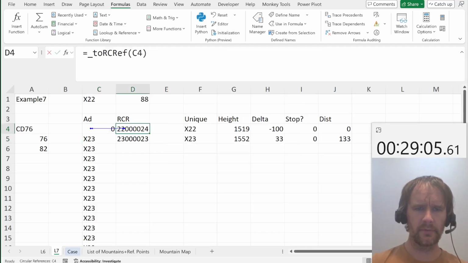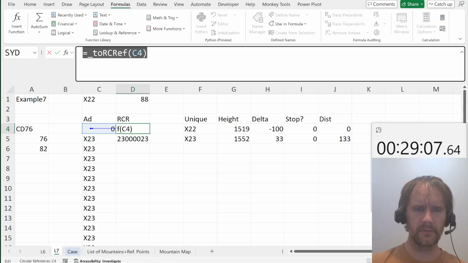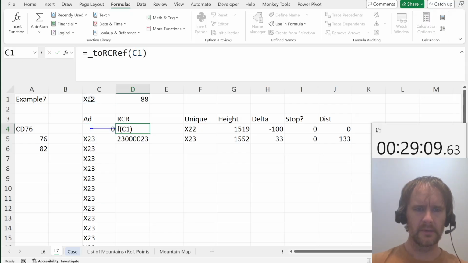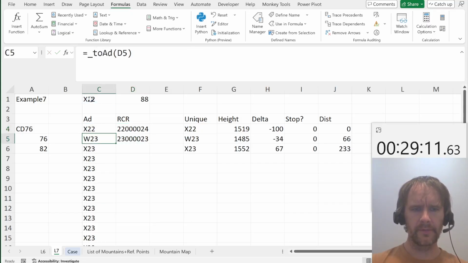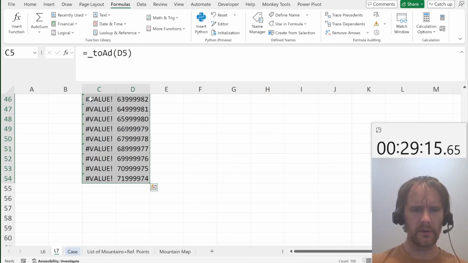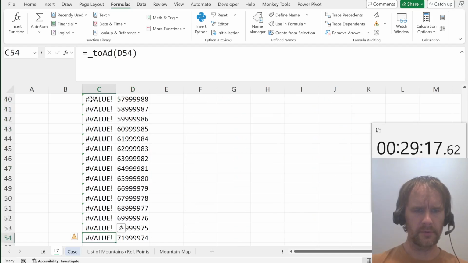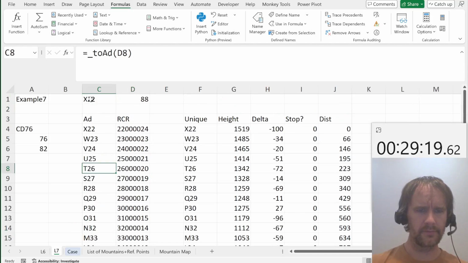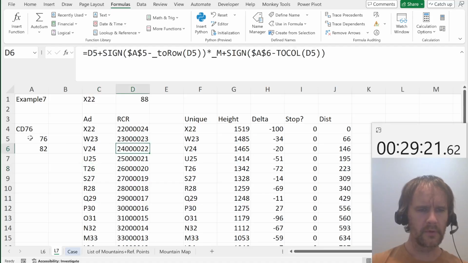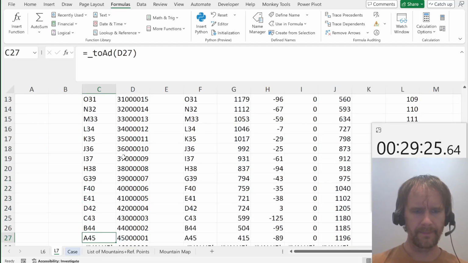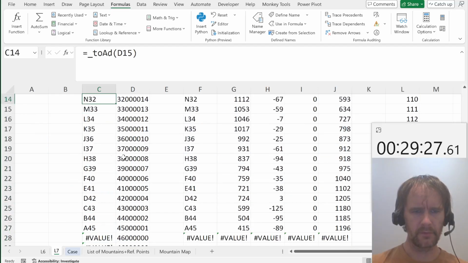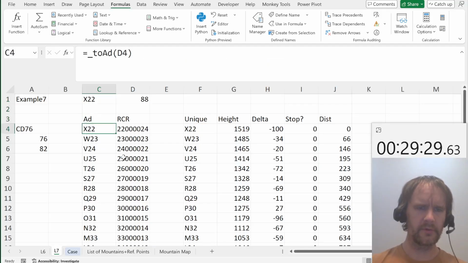Sorry, point this one up here, and there won't be a circularity. Okay, so you go to W23, and on and on and on, and oh, you stop going. Oh, that's not good. CD76. Oh, yeah, you're trying to get to, that's not good. Oh, what?